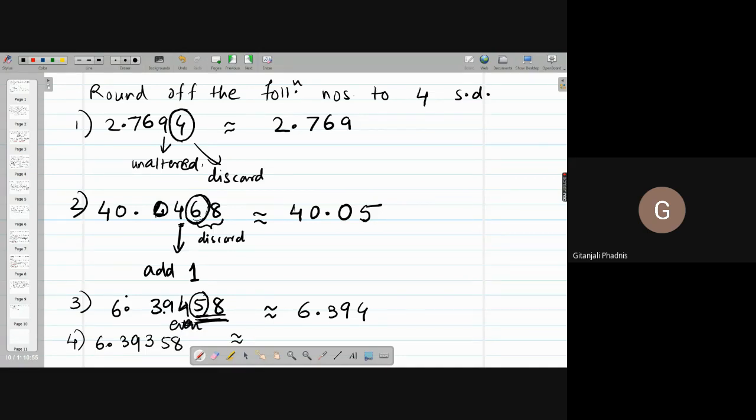So there is no change according to rule 3.